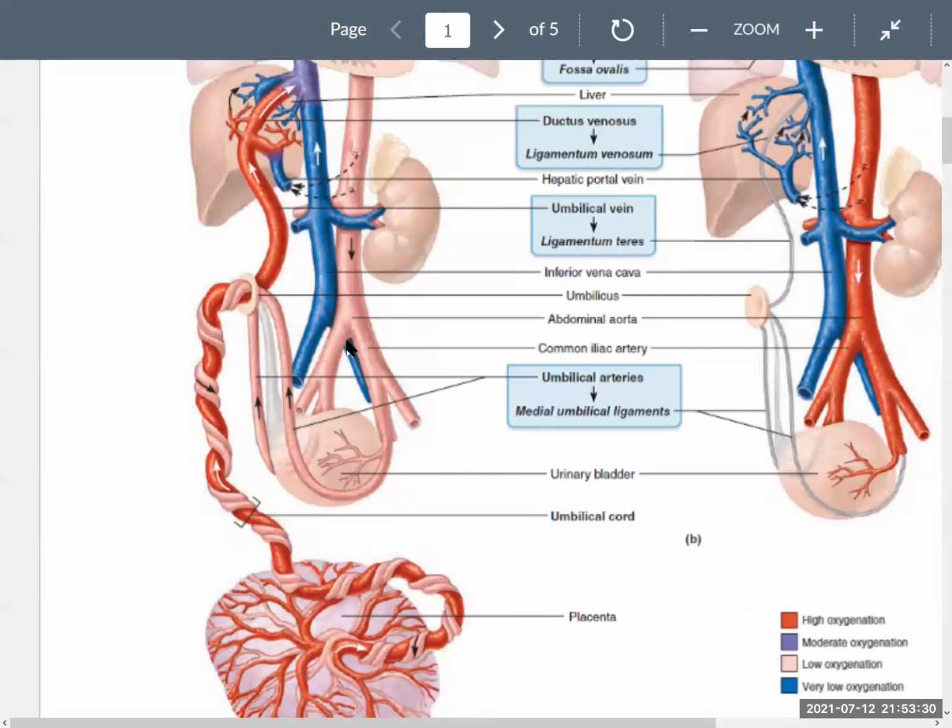Third thing that happens is that the vessels attached to the umbilical vein, since it collapses, these detach. The umbilical arteries collapse also.